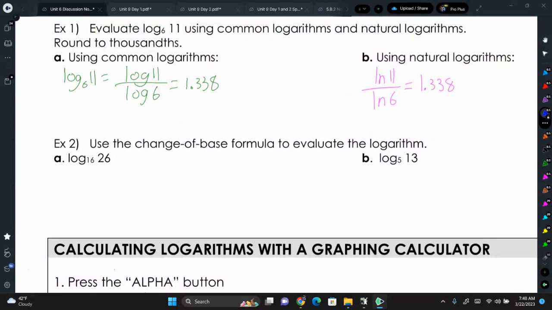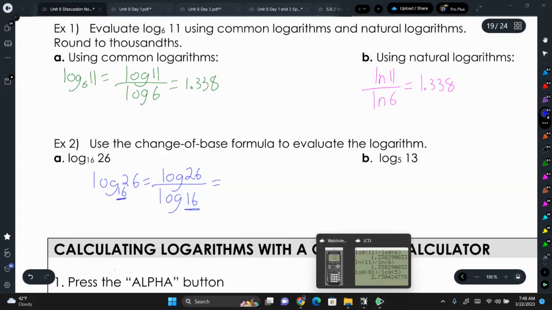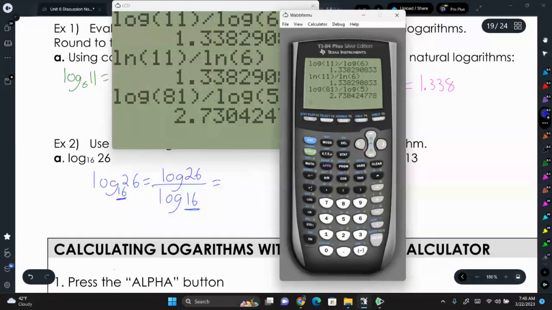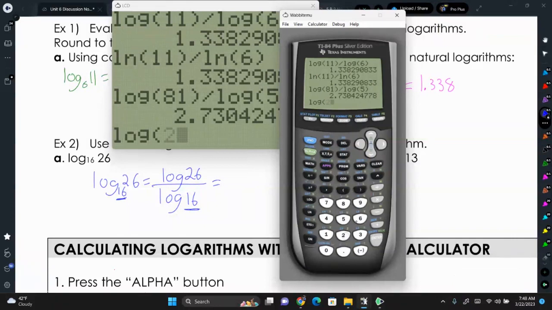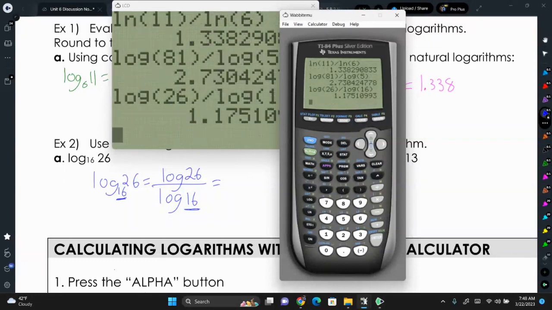You can use either the common log, log base 10, or the natural log. So log base 16 of 26 is equal to log 26 over log 16. Again, the base goes in the bottom of your fraction. So log 26 divided by log 16. And we get 1.175.